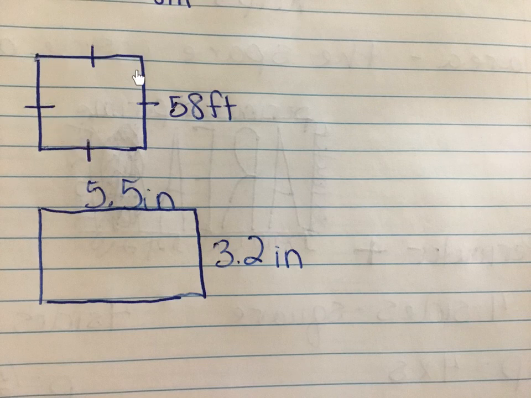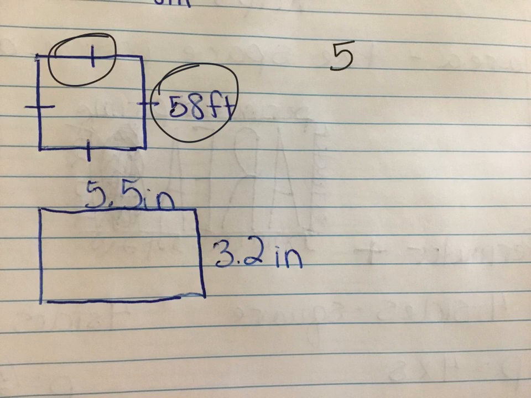If I were to do perimeter, I would need all 4 sides. But I'm going to do area. So I need a length times a width. Well, here's my length. Here's my width. So I'm going to write those out. Yes, because I am not going to know 58 times 58 off the top of my head. I need to write them down. 8 times 8. 8 times 5.